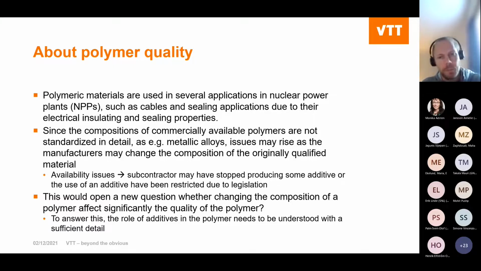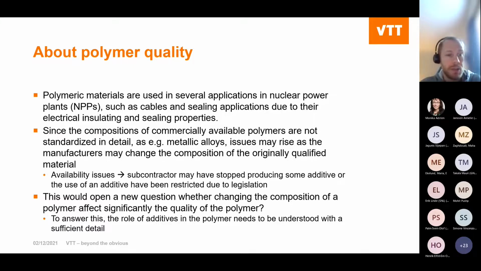You have very detailed information about the alloying elements present in a certain metal alloy, but in the case of polymers, this is not so. So this may raise some issues if the manufacturers change the composition of the originally qualified or good material.